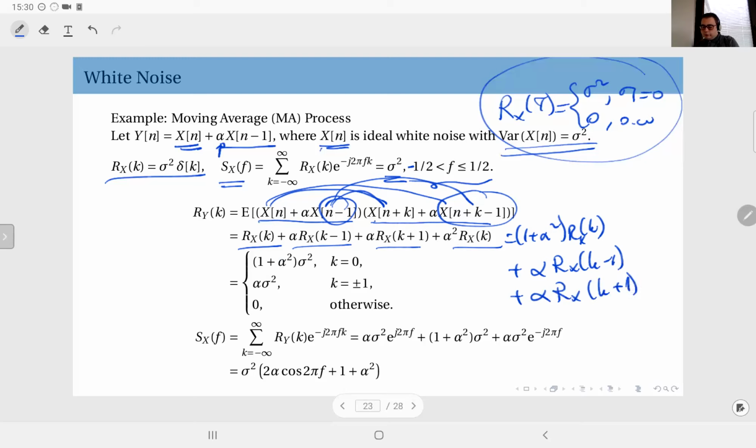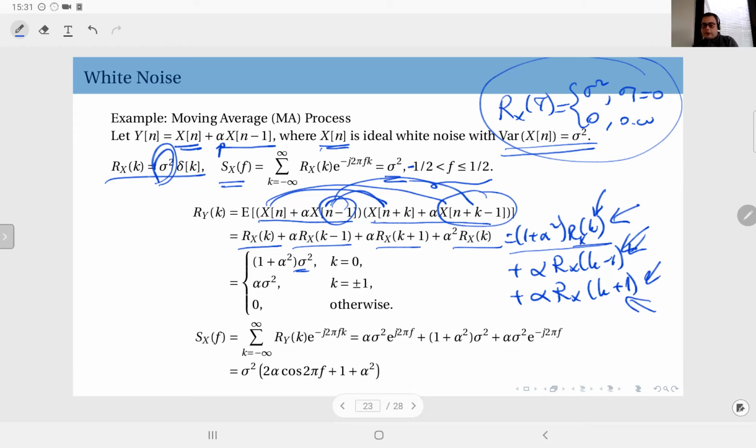We know that the autocorrelation of x is sigma square only when its lag is 0. So when k is 0, this will be 0, this will be 0, and this will be 1 plus alpha square times sigma square. When k is minus 1, this will be 0, and this will be 0 because that will be autocorrelation at minus 2, which is 0, and this will be autocorrelation at 0, which is sigma square.